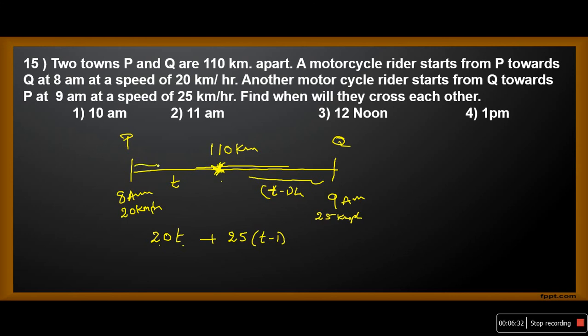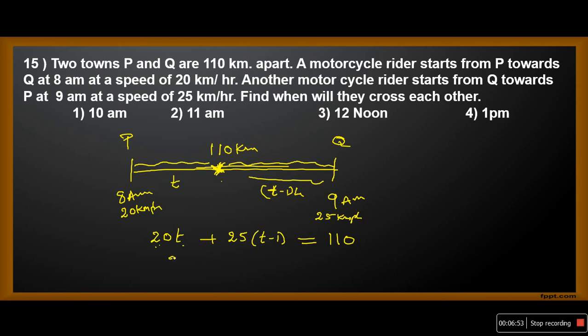Somewhere they are meeting. This is the distance covered by the first person, this is the distance covered by the second person. Then they will meet. The distance covered by the first person plus the distance covered by the second person is nothing but the total distance. What is the total distance given in the question? 110.